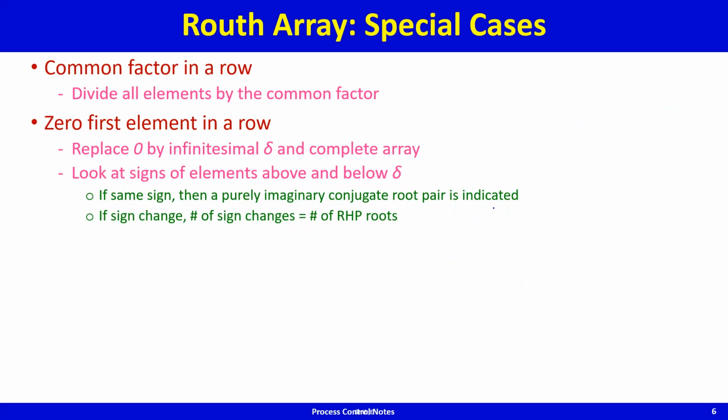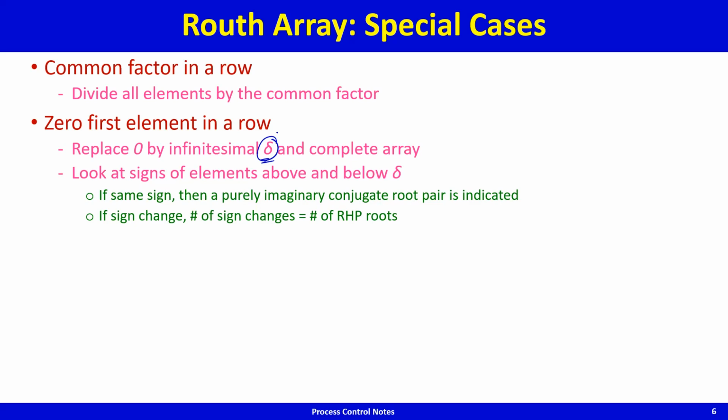So if there is a 0 first element in a row, you replace that 0 by an infinitesimal delta, and then complete the array with some of the elements having delta, because instead of 0 you are using delta. And then you look at the signs of the elements above and below delta, because if both the signs above and below are the same, then what that means is that a purely imaginary conjugate root pair is occurring for the system.